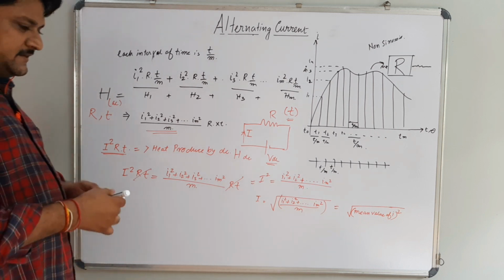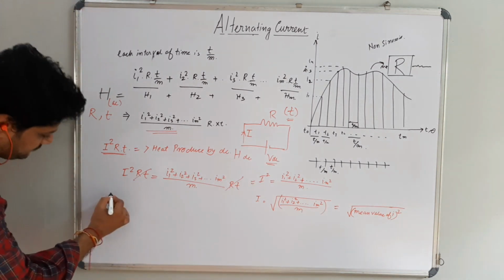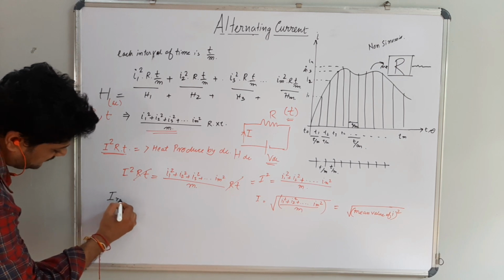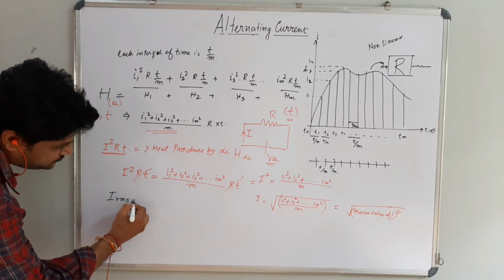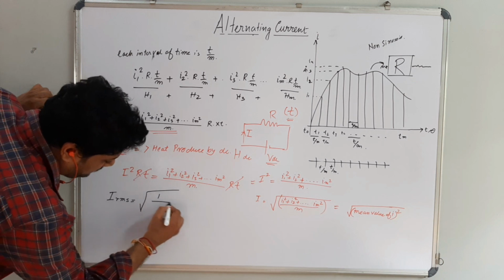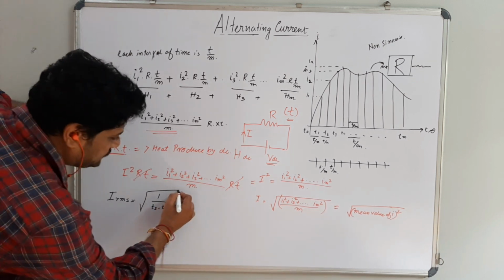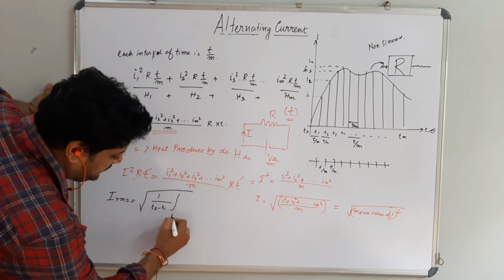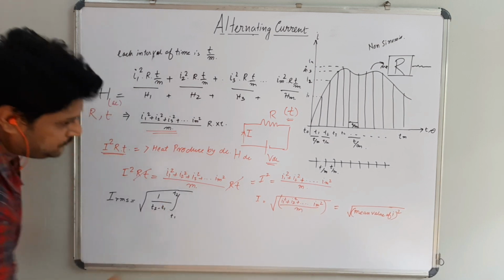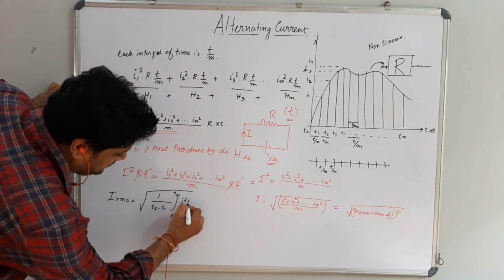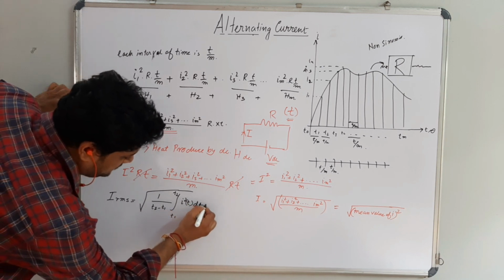So IRMS can be written for a finite interval of time: IRMS is equal to the root of 1 by (T2 minus T1) into the integration from T1 to T2 of I square T dt.